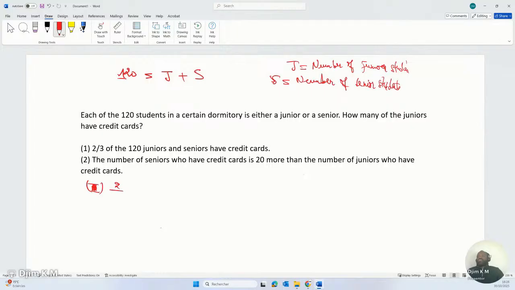So it's 2/3 of this, which is equal to 2 times 120 divided by 3, which is 2 times 40, 80. So we have 80 students with credit cards.